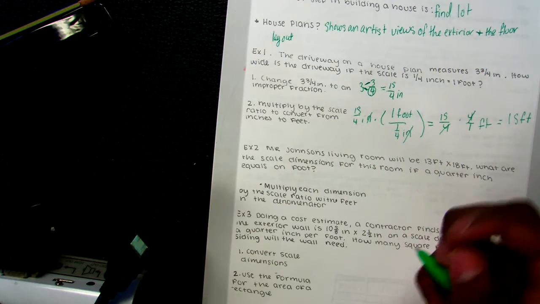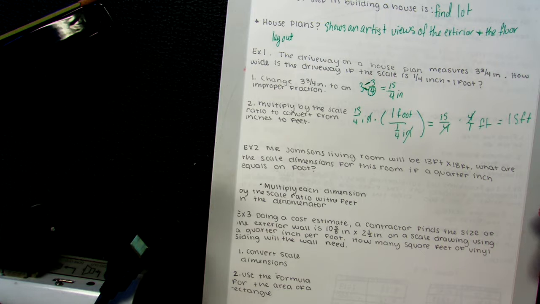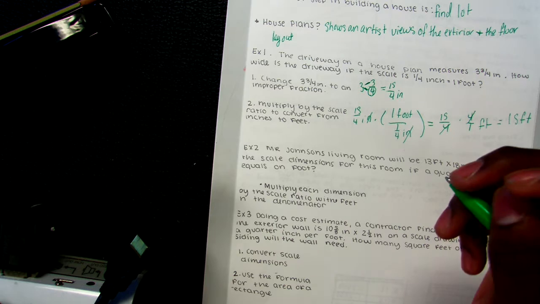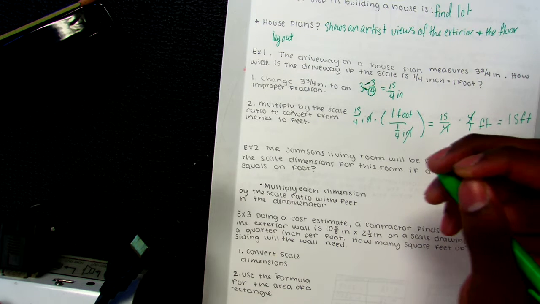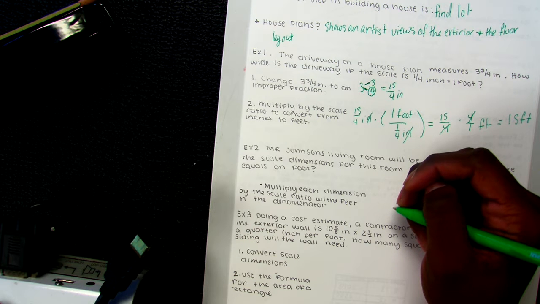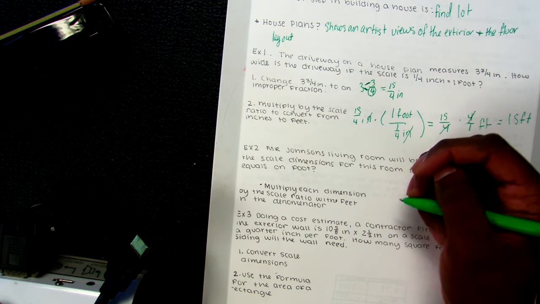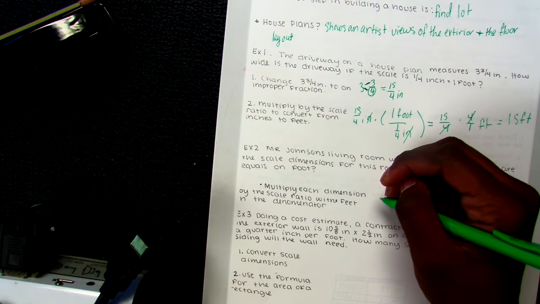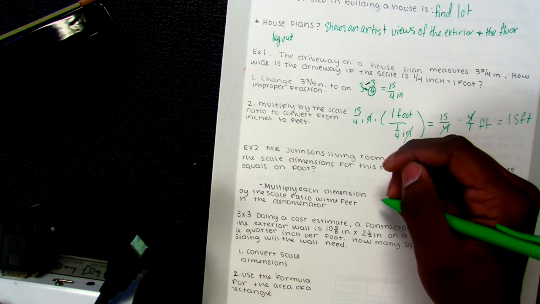Okay, so example 2. Mr. Johnson's living room will be 13 feet times 18 feet. What are the scale dimensions for this room if 1/4 inch equals a foot? So you're going to multiply each dimension on the scale ratio with feet, and the denominator.